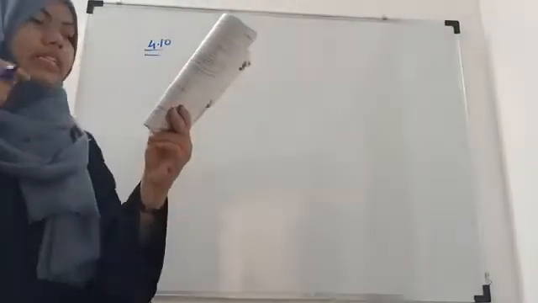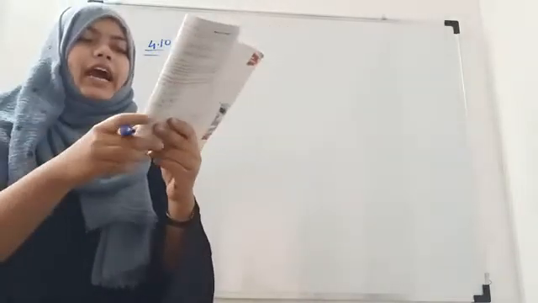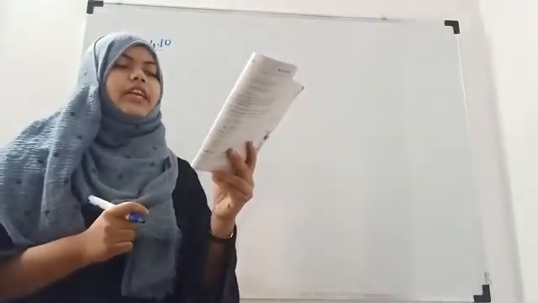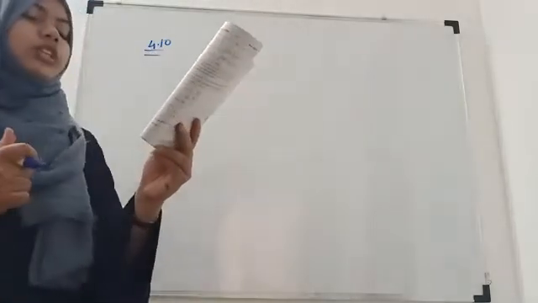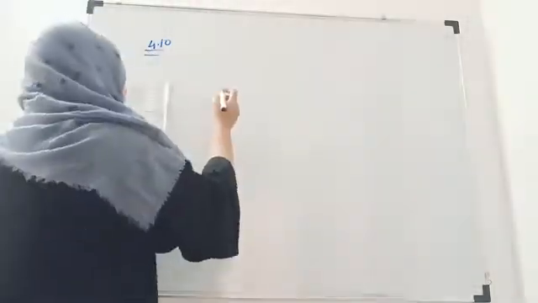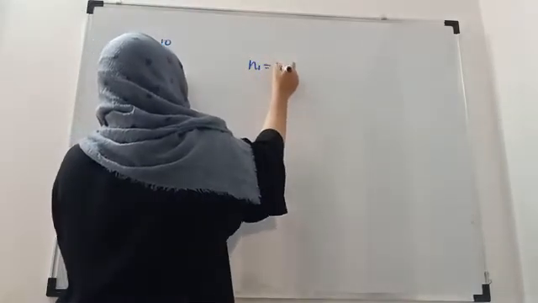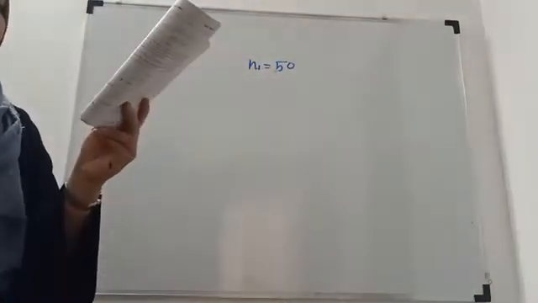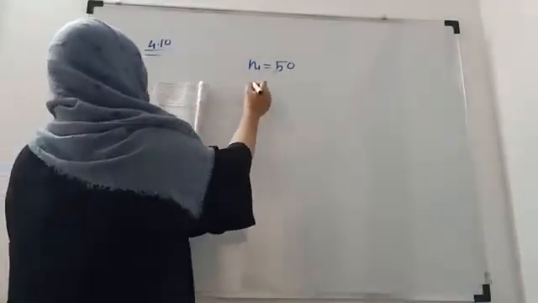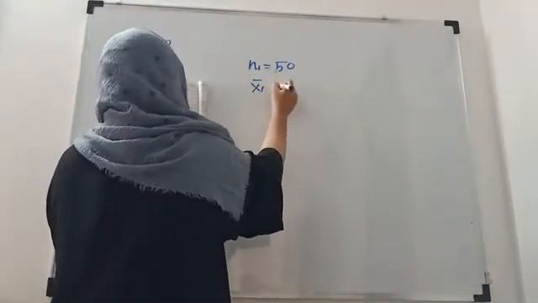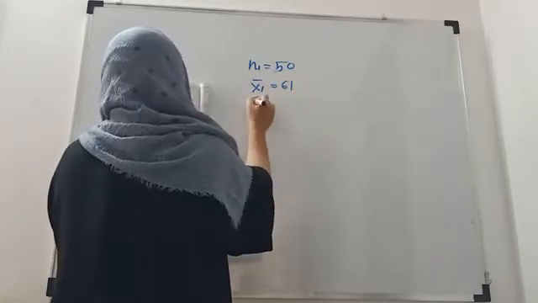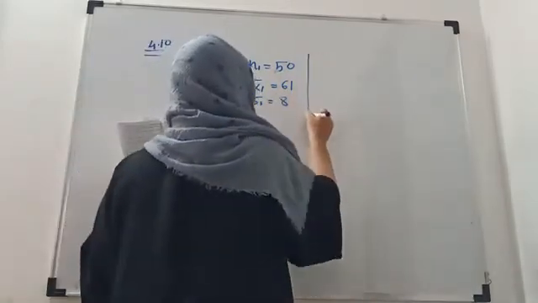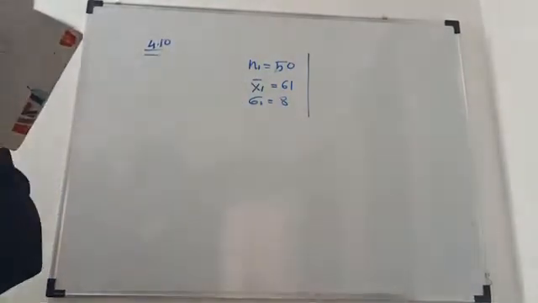The problem is: a group of 50 items have a mean and a standard deviation 61 and 8 respectively. So the sample size for the first group is 50. We will take n1 as 50, x1 bar is 61 and sigma 1 is 8. So this is the information for the first group.